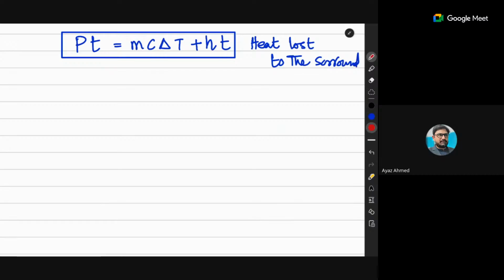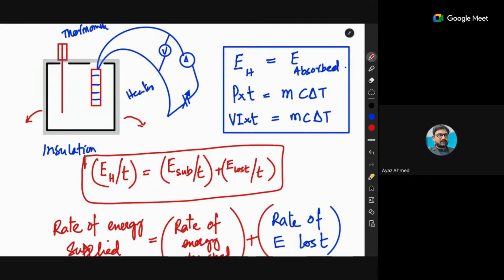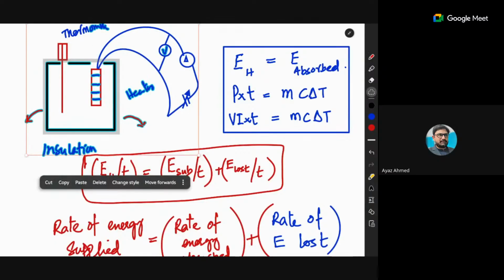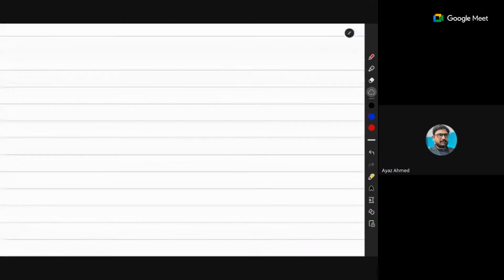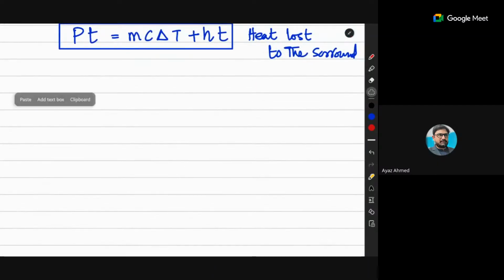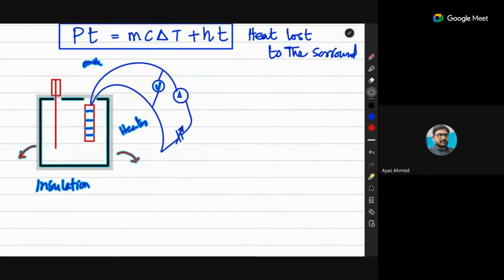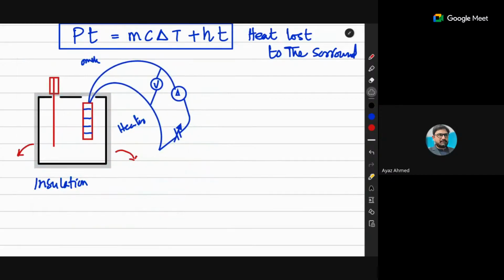Now, if you have designed an experiment in which heat is coming from the surroundings, heat is absorbed from the surroundings, then what will you do, or how will you consider this? This is the graph, this is the setup. Now the heat is actually coming into the system.